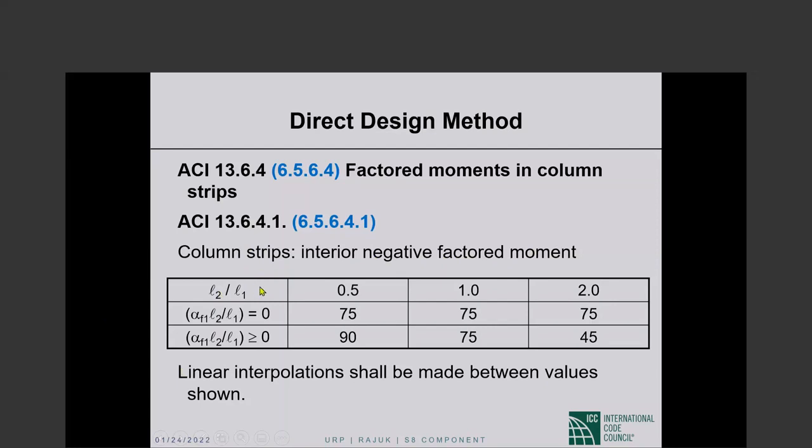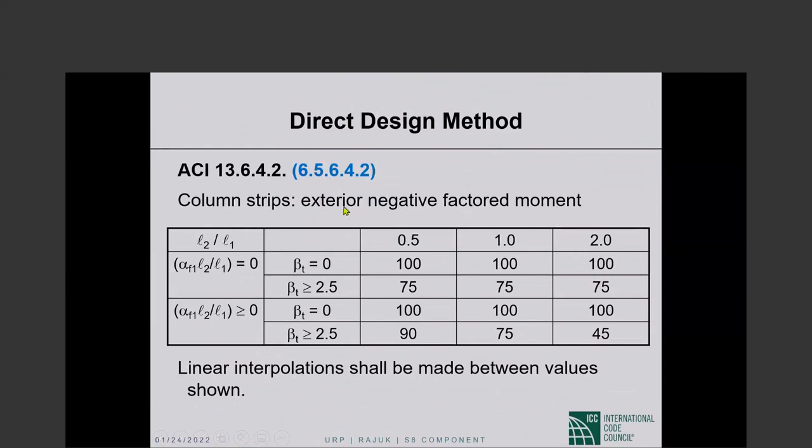It depends on L sub 2 over L sub 1 and whether we have column line beams or we don't. Our case is here, no column line beams, flat plate. So it is 75% of the interior negative factored moment going to the column strip, as I mentioned already. That's what this section and this table give you. So for no column line beam, 75% of the interior negative factored moment goes to the column strip, irrespective of the L sub 2 over L sub 1 ratio.